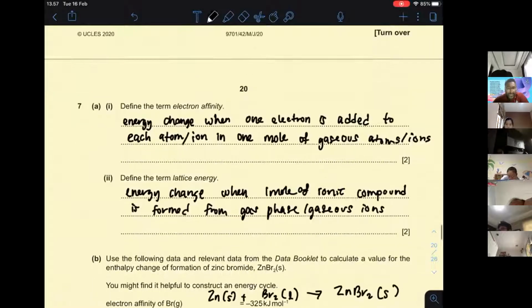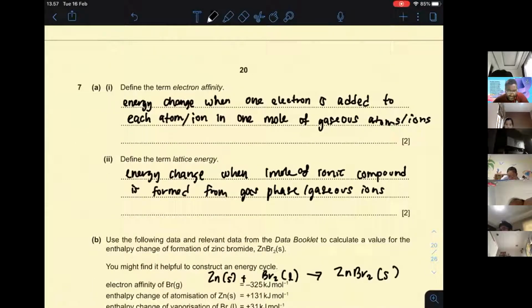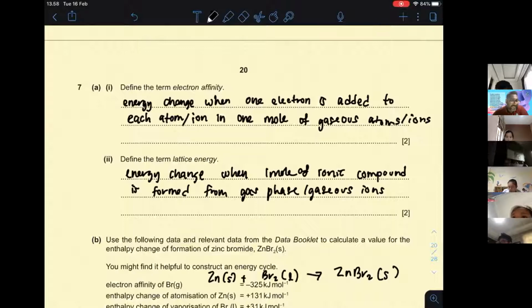Now, number 7, define the term electron affinity. Electron affinity is not just ability. Please remember this. I think students get confused with electronegativity. Electronegativity is the ability of any element to attract the covalently bonded electron to itself.